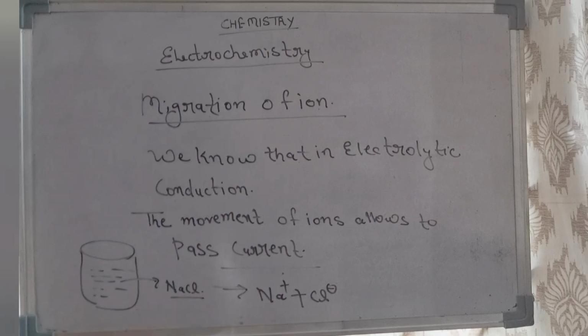For example, if we put 100 mole of NaCl into the water, the 100 mole of NaCl will give you 100 mole of Na positive and 100 mole of Cl negative. That is the meaning of strong electrolyte.